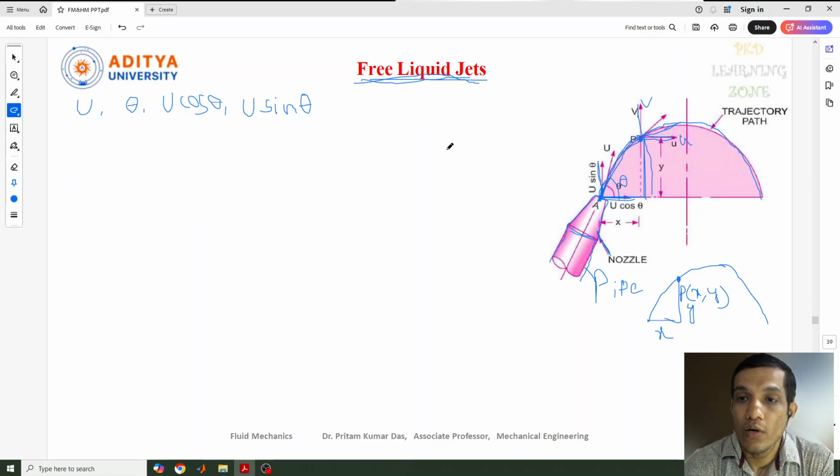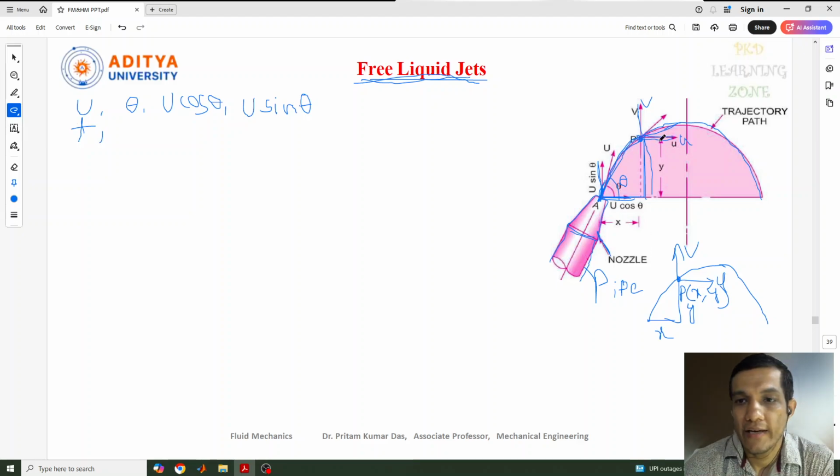So these are the horizontal component u and the vertical component v at the point P. Now we need to find the distance traveled at this point, along the x direction and along the y direction. So let's find out the horizontal and vertical distance traveled by the liquid particle with respect to a time t.